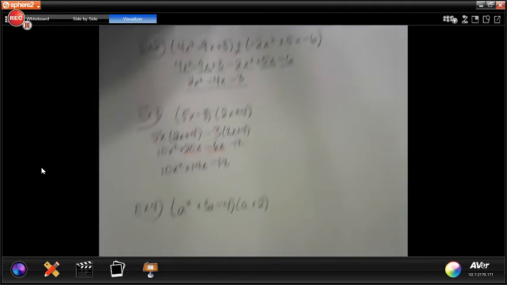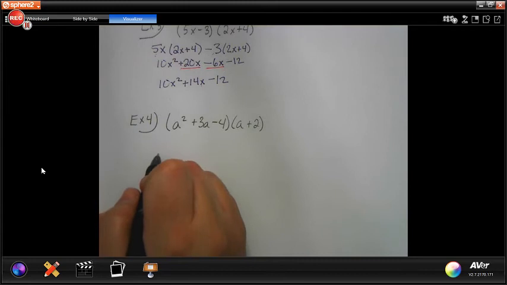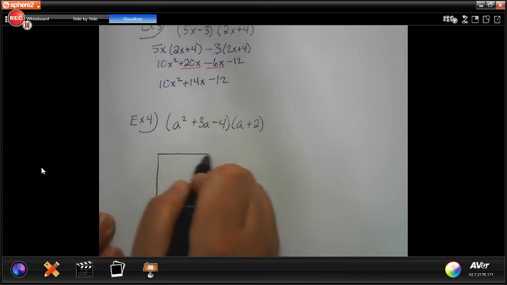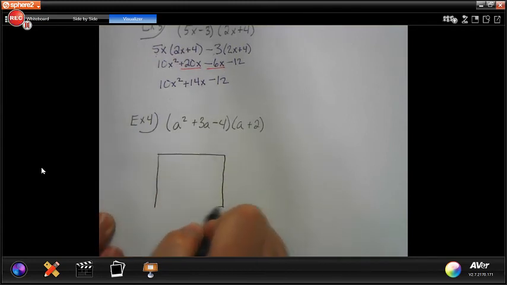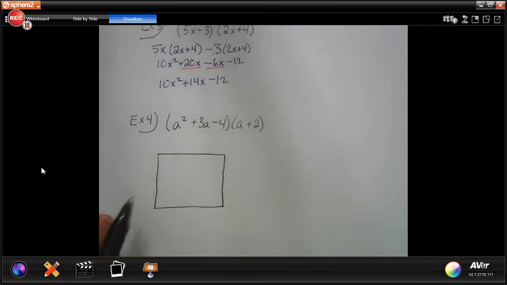Okay, and then example 4, let me adjust this so example 4 shows up. I'm going to show you box method just to remind you how to do this. Remember, on the box method, we have a box. And these go along two sides of the box. You could put the first one on the top or the first one on the side and the other one in the other spots.